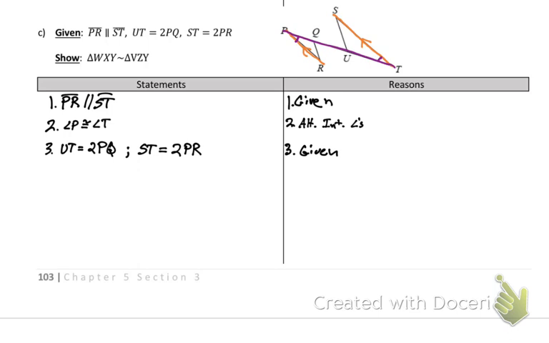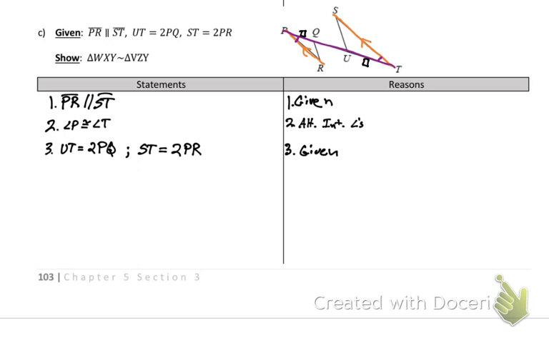If you build models, like a car is 1/20th the size of an actual car, that means every piece is 1/20th of an actual. It's 20 times smaller. So let's look at UT. UT is this line right here. In fact, I'm going to put a box by that. So they're talking about UT. UT is my box, is 2 times PQ. So if I take PQ and multiply by 2, I get this length here.